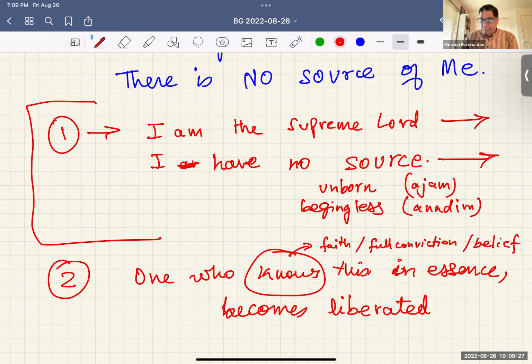That is the real meaning of know. Veti means to have the strongest conviction that yes, this is true. If it comes to it, you will be able to bet your life on it. So once you have that faith in the nature of Bhagavan, then one is called liberated.